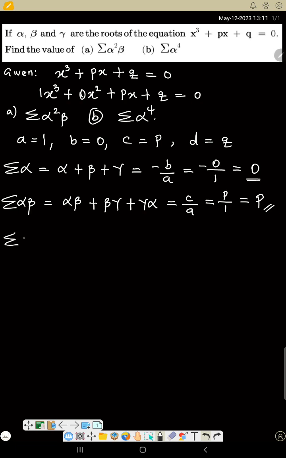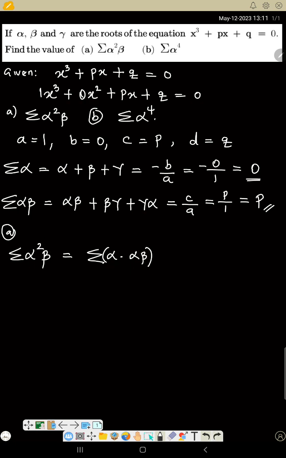The question now is summation alpha square beta, so that is what we need. It is equal to summation alpha times alpha beta, so we can split it this way, because alpha times alpha is alpha square.